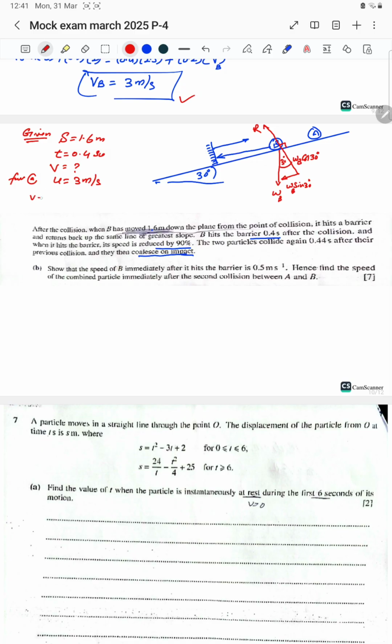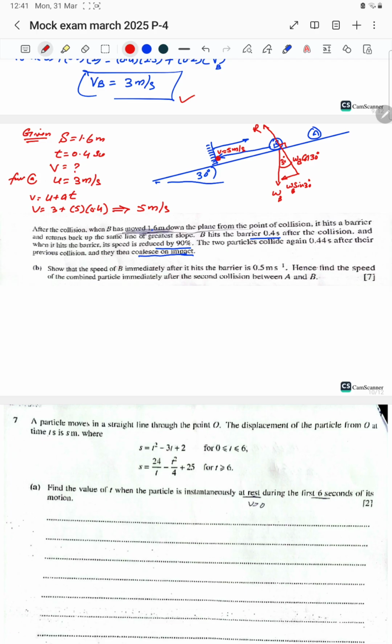So with speed v is equal to u plus at, v is equal to 3 plus a, which was 5, times time 0.4. So it comes to be 5 meter per second with which it hits.